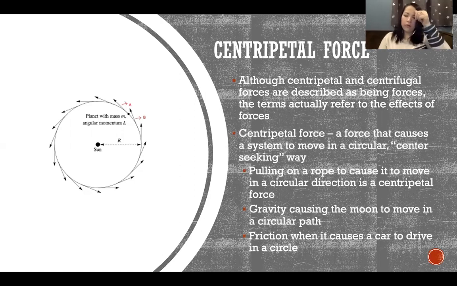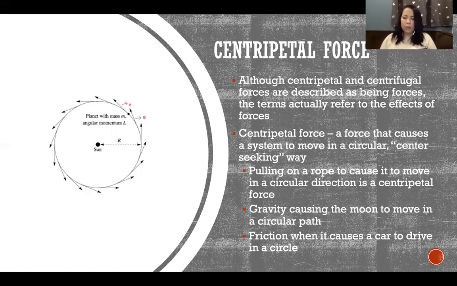Centripetal force is a force that causes a system to move in a circular, center-seeking way. So any force that is causing something to move in a circular path, we could say that force is a centripetal force. In other cases, that same force might not be causing something to move in a circular way, and in that case, it would not be a centripetal force.